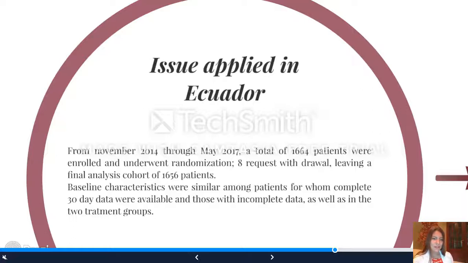Baseline characteristics were similar among patients for whom complete 30-day data were available and those with incomplete data, as well as in the 2 treatment groups.